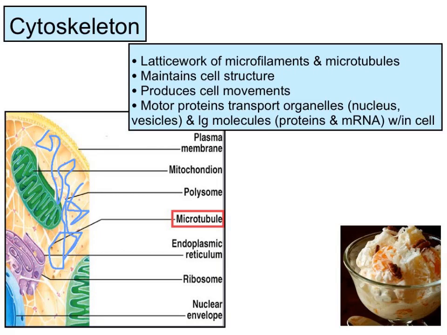Different motor proteins are going to transport organelles, the nucleus and vesicles, and large molecules such as proteins and messenger RNA within the cell. So again, we can think of our cytoskeleton as little food substances, right? So it would be like the coconut in another version of that semi-disgusting Jell-O fruit.